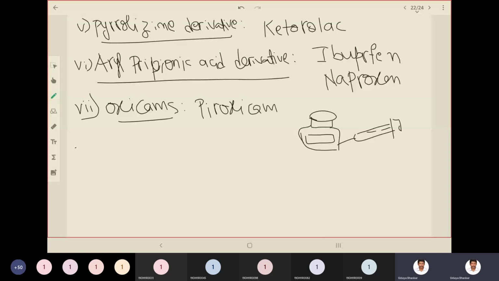Then the eighth category, that is aniline and para-aminophenol analogs.